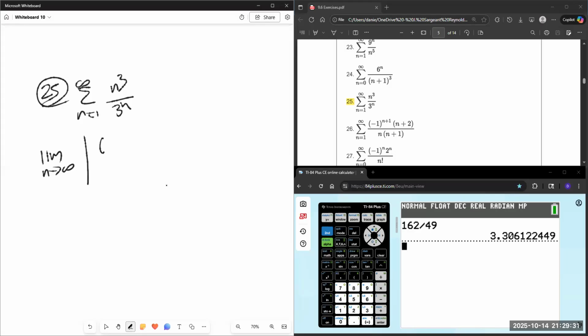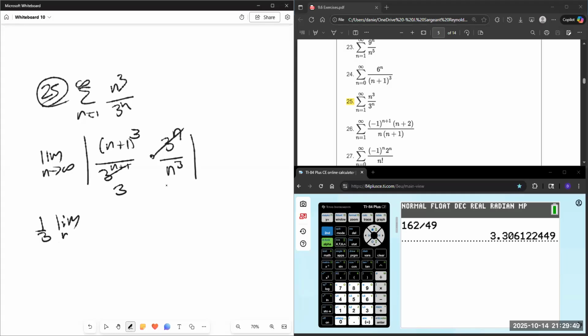(n plus 1) cubed over 3 to the n plus 1 times the reciprocal of this, 3 to the n over n cubed. And this is going to give me 3 in the bottom, so I'll pull a 1/3 out.